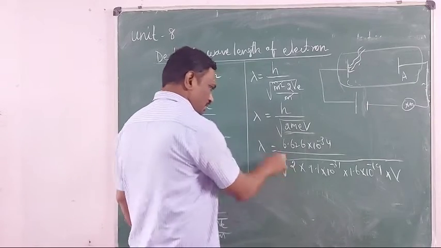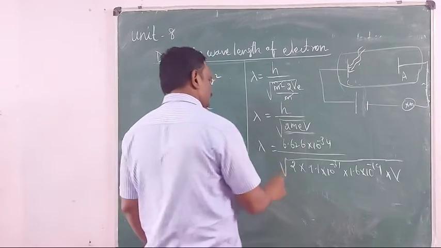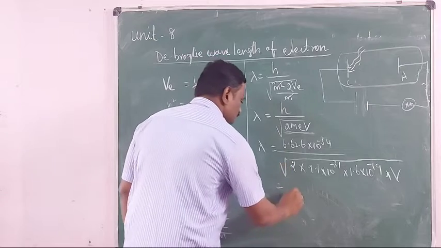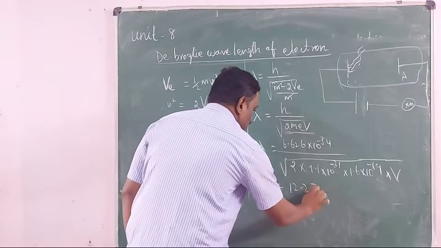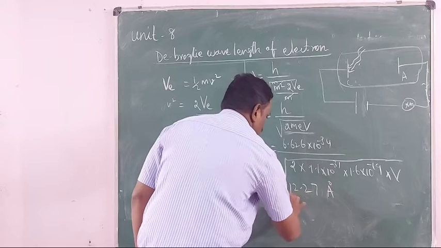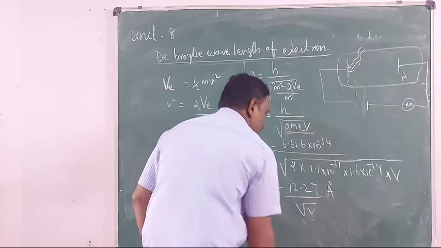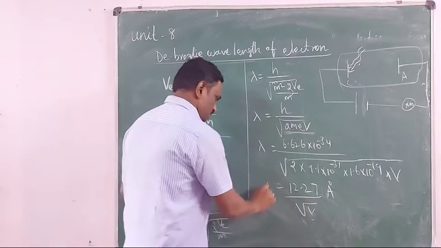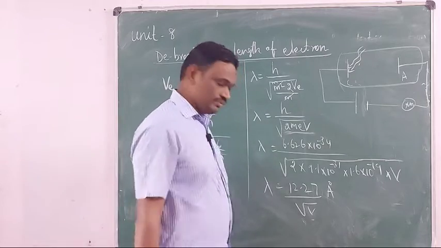When you substitute all the values and solve, we get 12.27 angstrom divided by root of V. So this is the wavelength of the electron.